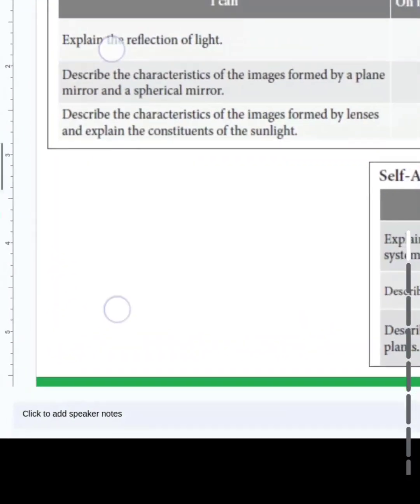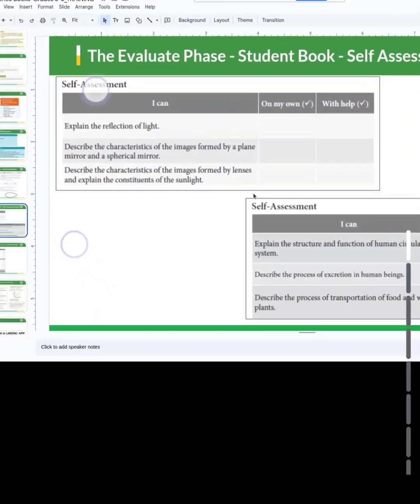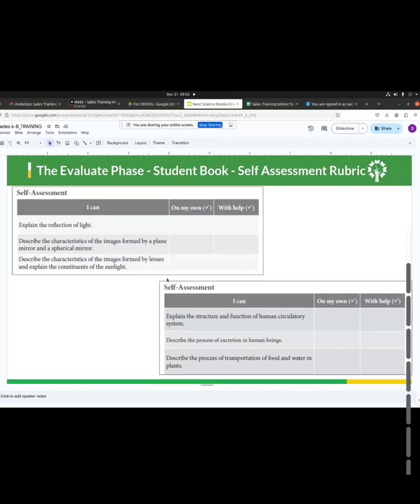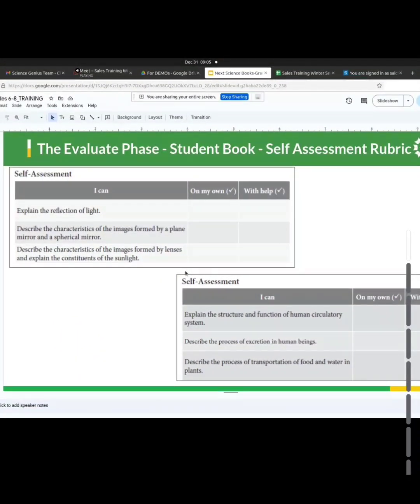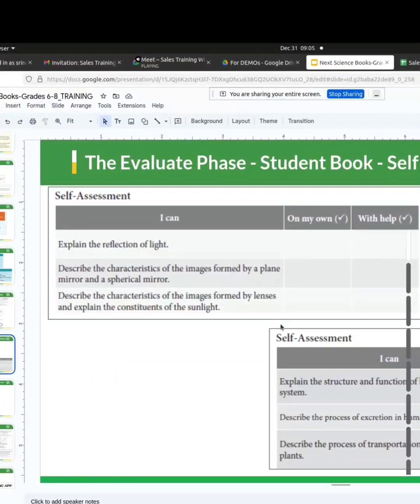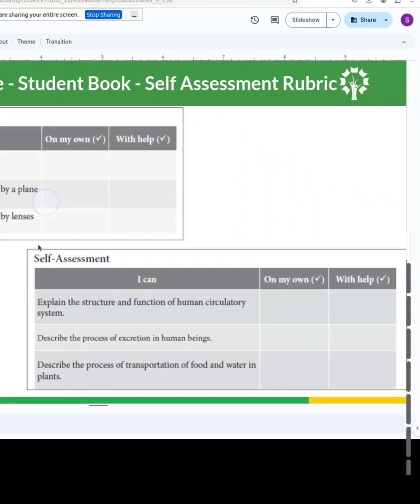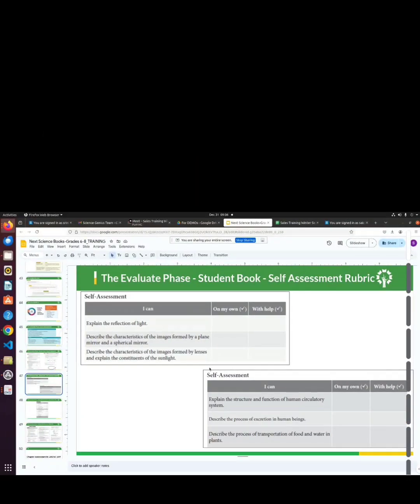And the self-assessment rubric, again, you could find in the student book, where we have given the LOs which we have written at the start of the chapter. You might have seen the learning objectives, right? The same learning objectives are mentioned here in the self-assessment rubric, and we are trying to analyze at the end of the chapter to what extent they have understood that LO.